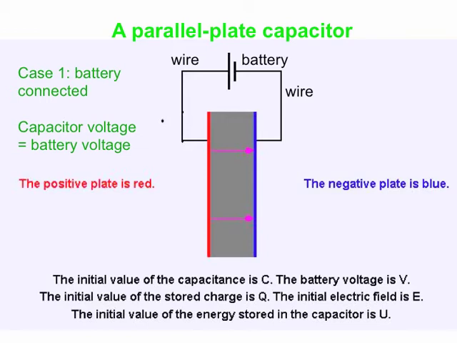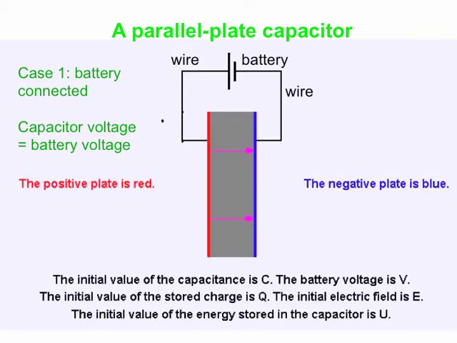Okay, so this is one regime where we use the capacitor. The battery will always be connected to the capacitor plates. And so then you can change some things about the capacitor. You can put things between the plates. You can change the spacing between the plates, for instance. Maybe you can figure out some way to change the plate area.